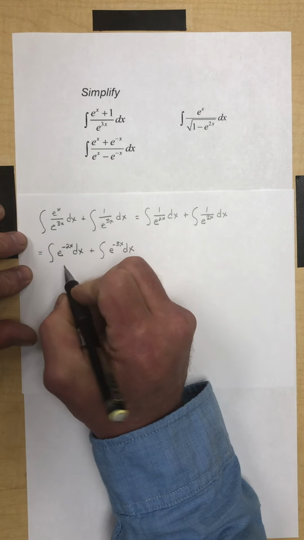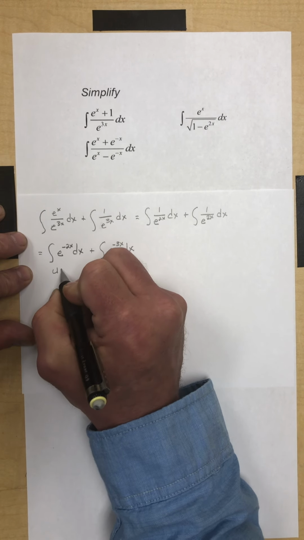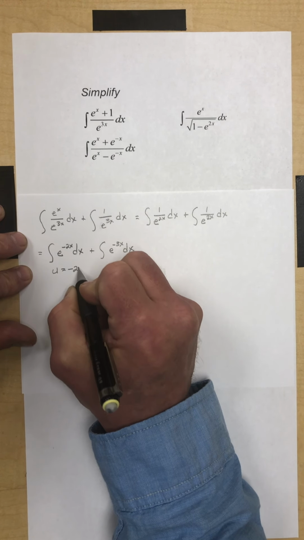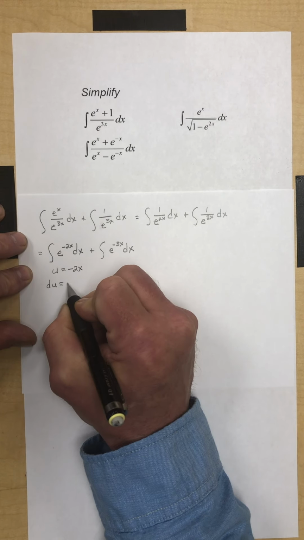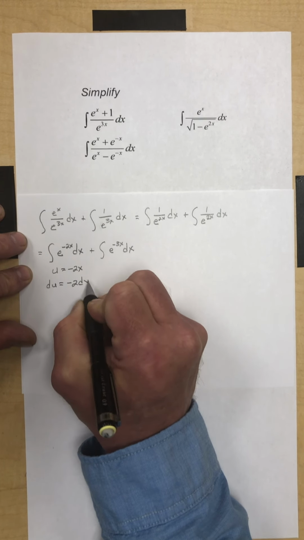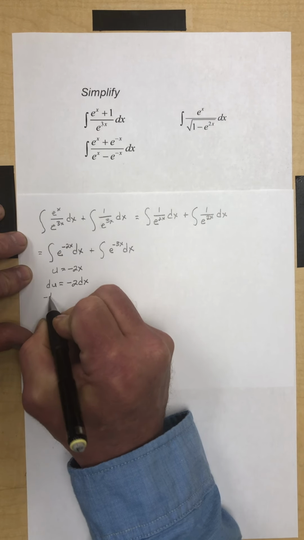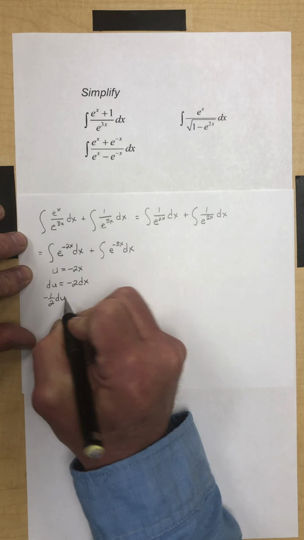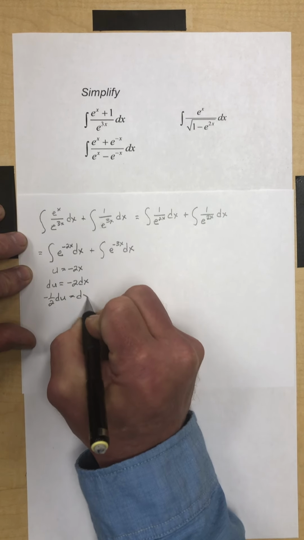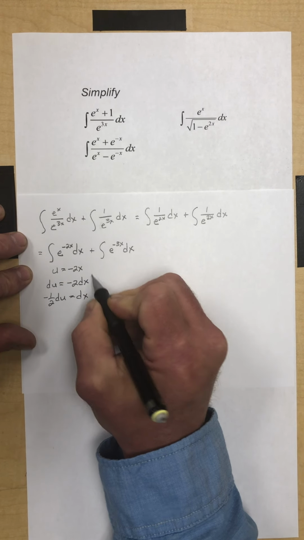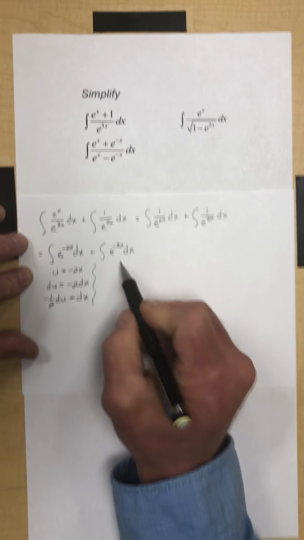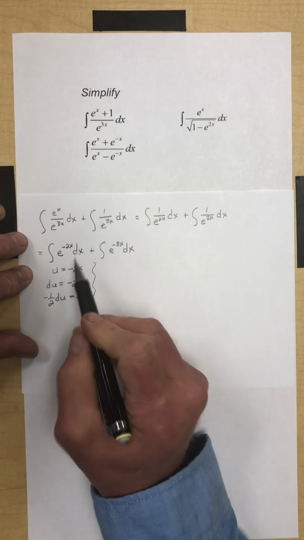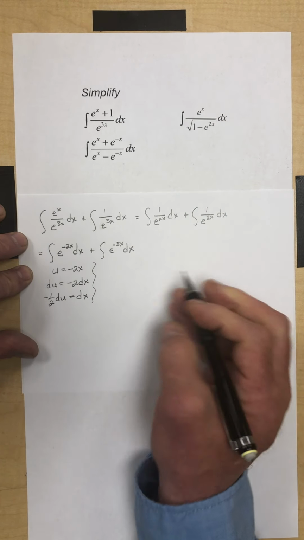So with this guy right here, if I let u equal negative 2x, then my du ends up being negative 2 dx. So I get negative 1/2 du equals my dx. Okay, so here u is negative 2x, but now over here, remember these are two separate problems.